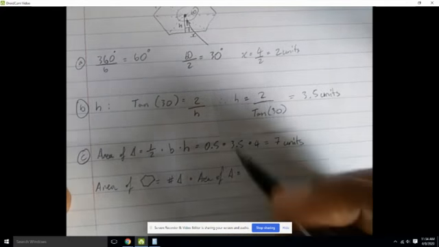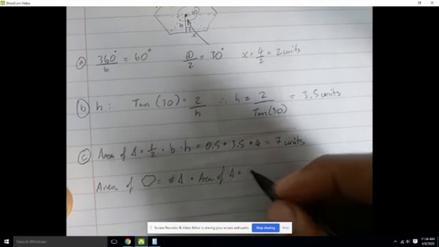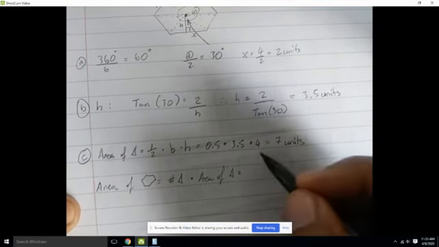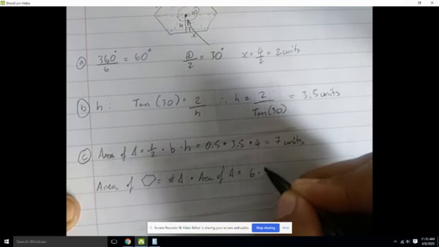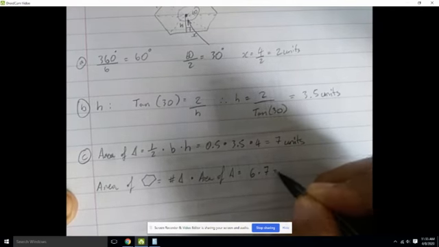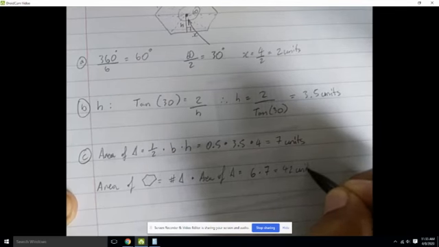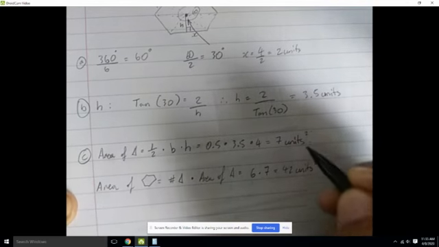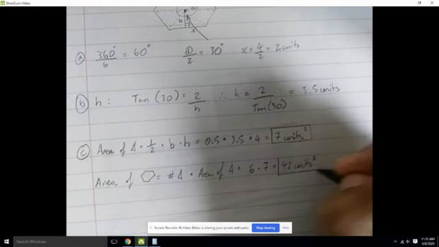Now, since it's a hexagon, it should be 6 triangles times the area of the triangle that we found. So it should be 6 times 7, which will give you 6 times 7 is 42 units squared. Okay. Don't forget to put your units squared whenever you're doing these, since we're finding the area.